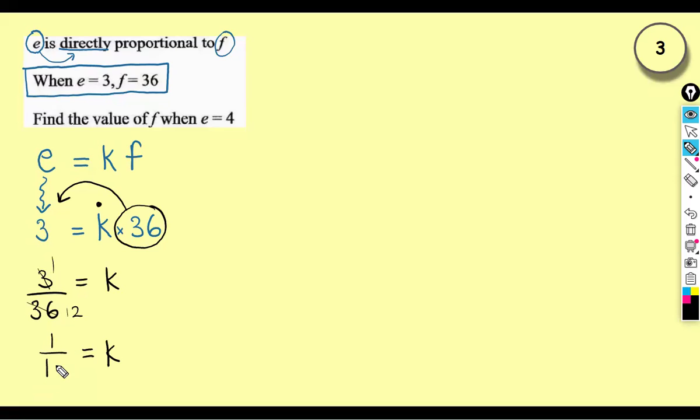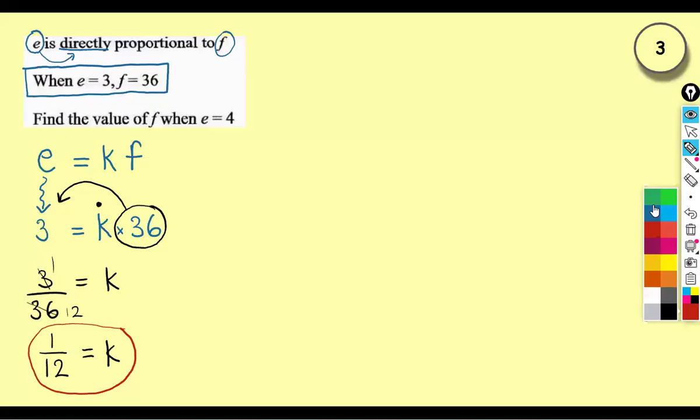It's 1/12. And I know if you type in 1 over 12, you're going to get a recurring decimal. When you're getting a recurring decimal, the examiner will appreciate it if you just use the fraction. So leave K as 1/12. Don't put it as 0.08 and so on. Leave it as 1/12.